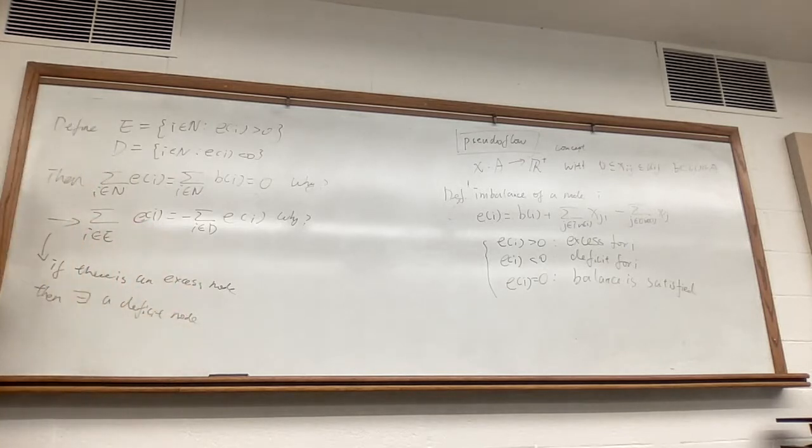Is that right? So the excess node and deficit node must appear simultaneously, otherwise this equation is violated. This is just like in a magnetic field: if you have north, then you must have south. You cannot say, I only have a north, there's no south.